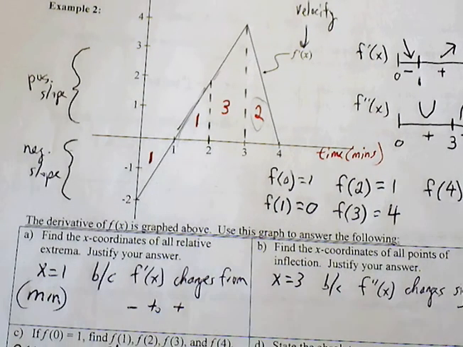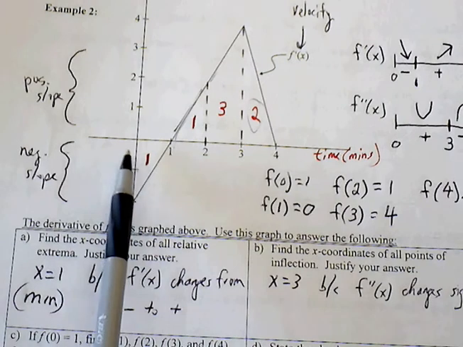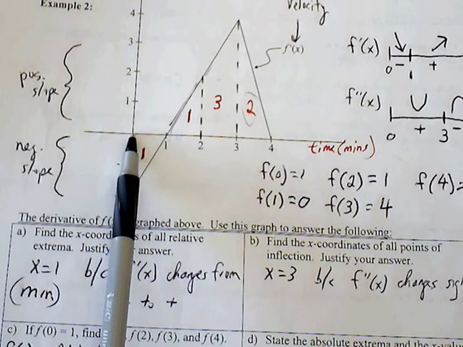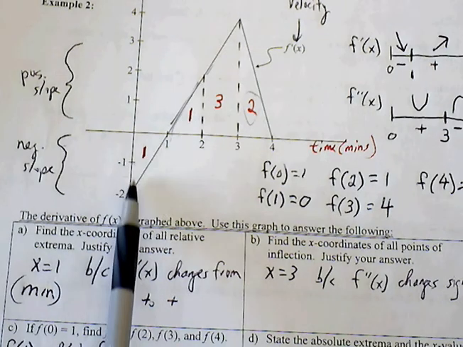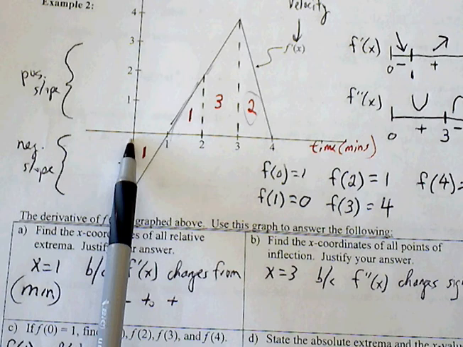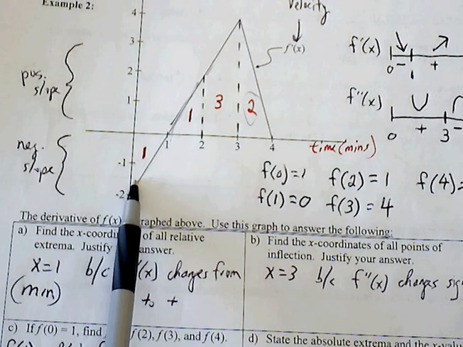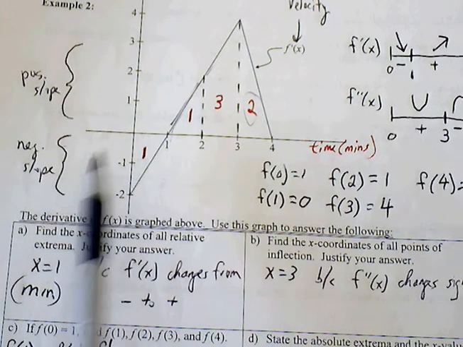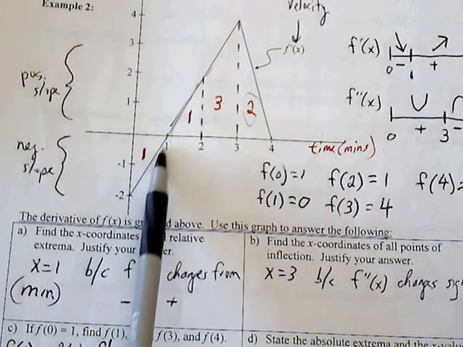Okay, so it's on the highway, and let me highlight what's happening with the motion of this car. When the timer starts, the car is going to start at a certain point, but it's going to be moving in the negative direction, because we have negative slope, we have negative velocity.